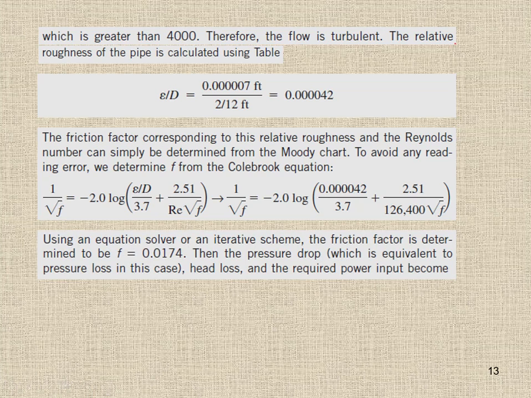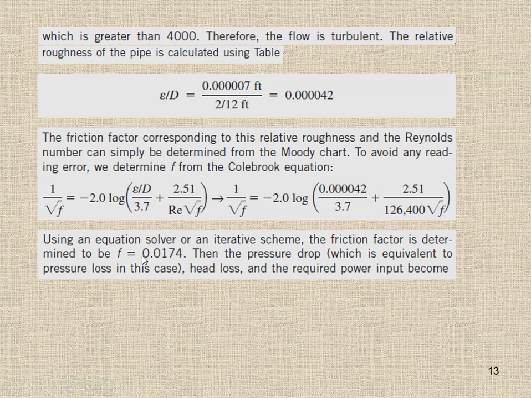By using trial and error, with an equation solver or iterative scheme, the friction factor is determined to be f equals 0.0174. If you take f equals 0.0174, the left hand side and right hand side will be equal, and that value will be the value of the friction factor.